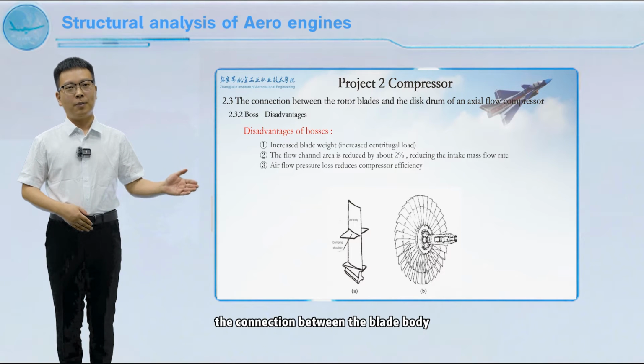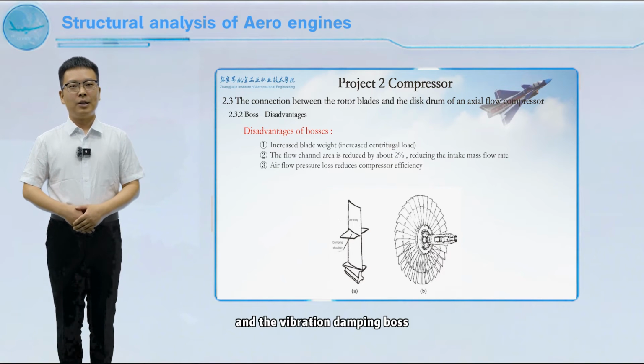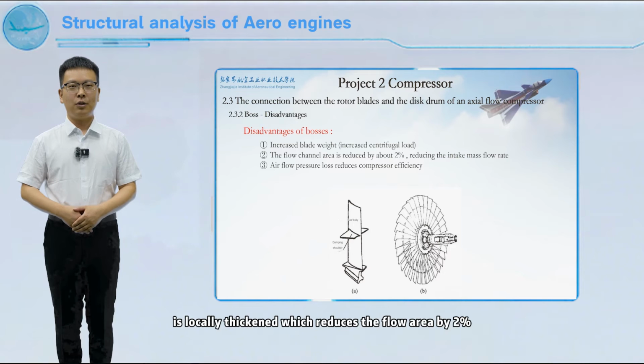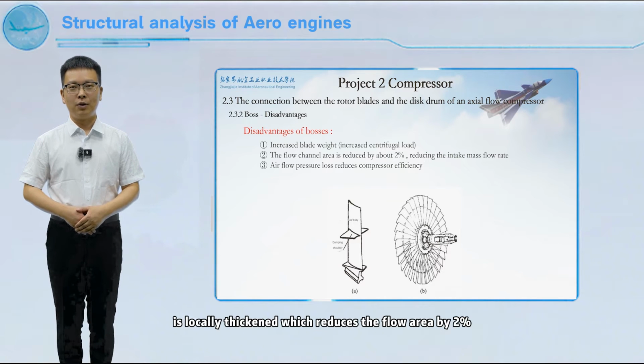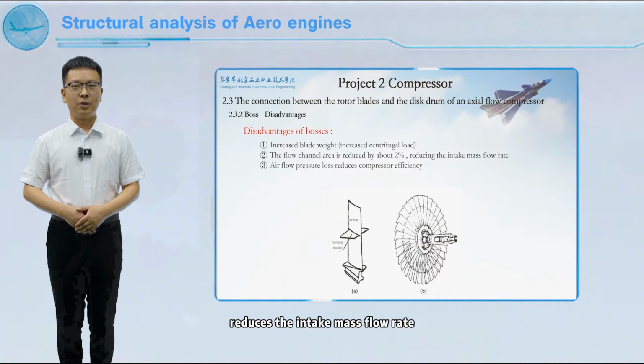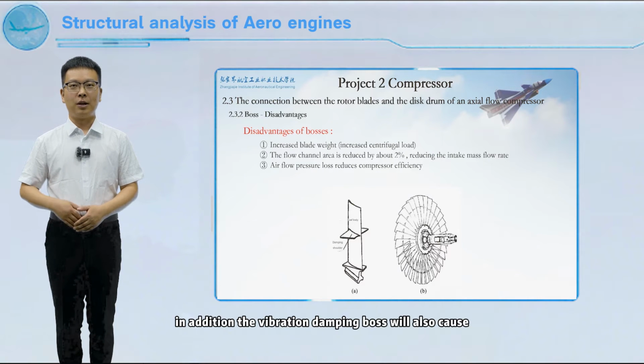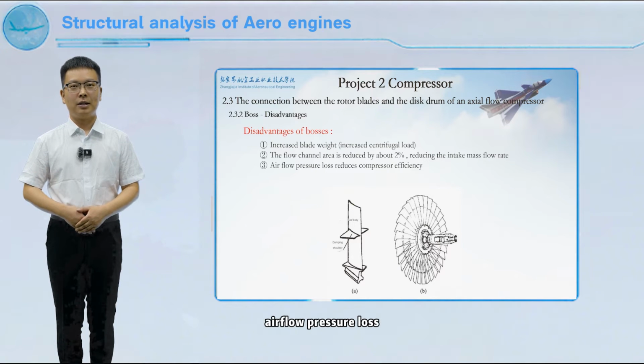The connection between the blade body and the vibration damping boss is locally thickened, which reduces the flow area by 2%, reduces the intake mass flow rate, and affects the thrust of the engine. In addition, the vibration damping boss will also cause airflow pressure loss, reducing the efficiency of the compressor.